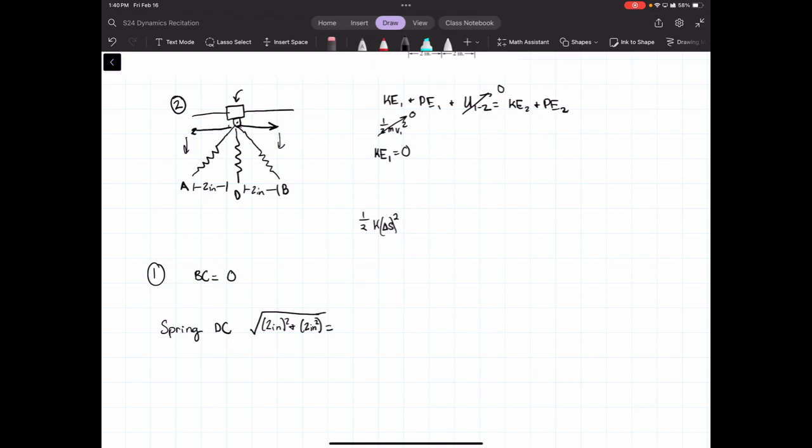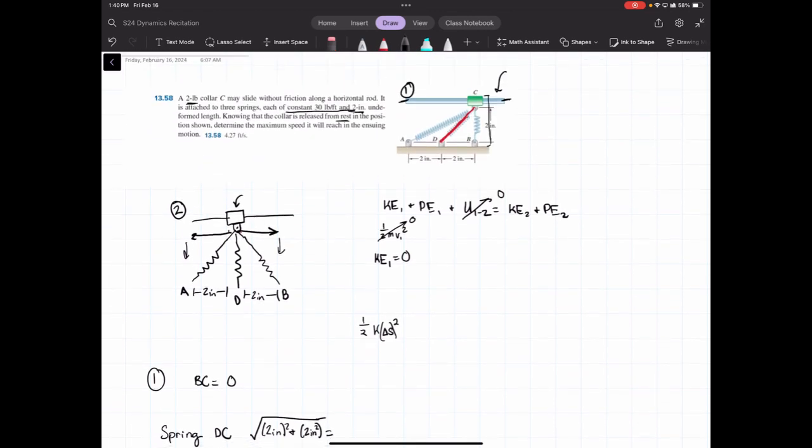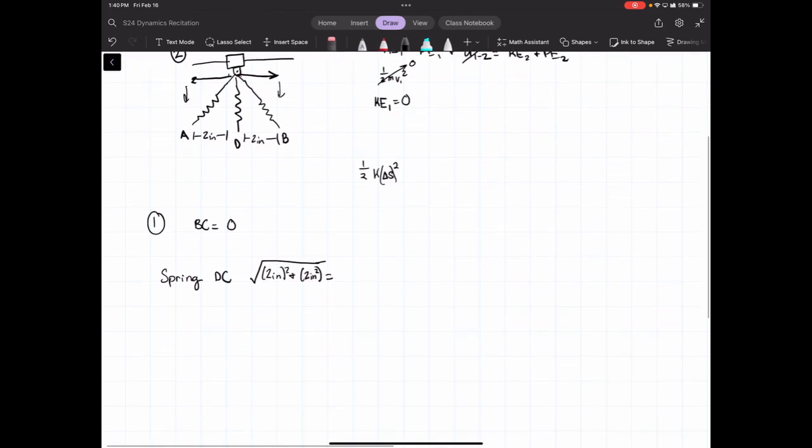That'll give us a result in inches. I'm going to divide that by 12 so we have the result in feet, because we're given our spring constant in pounds per foot. So it's just going to be easy in the long run. So I'll divide that by 12, and we're going to get 0.2357 feet. So that gives us the entire length of spring DC.